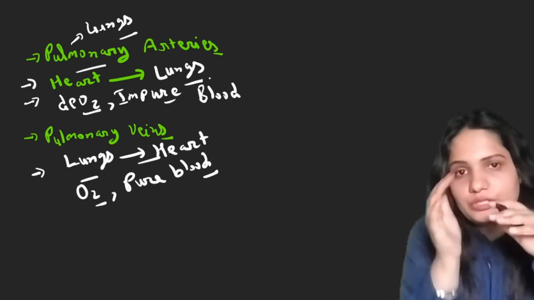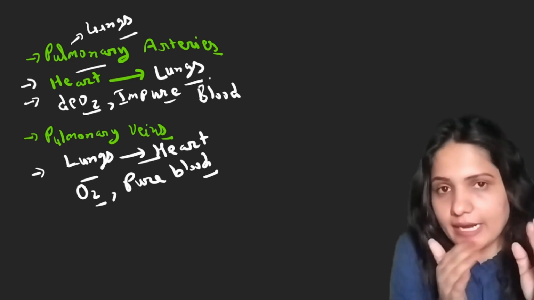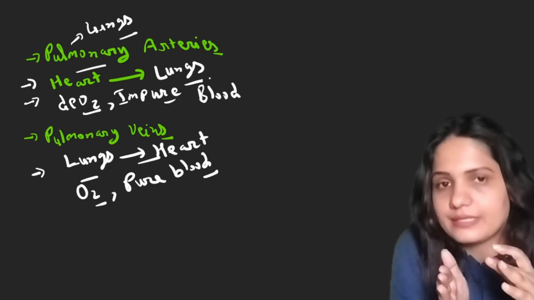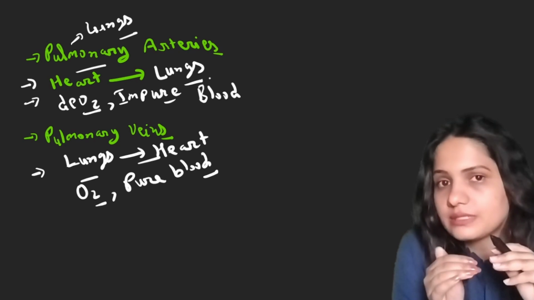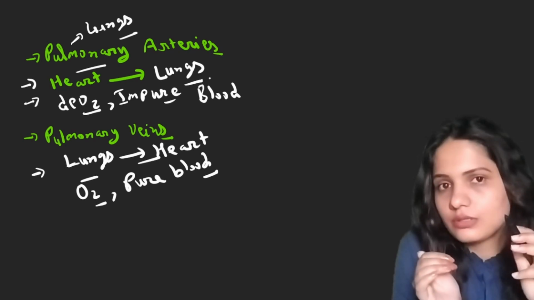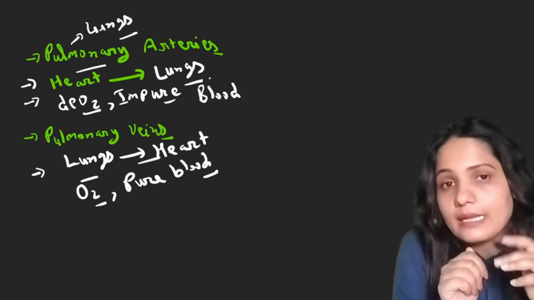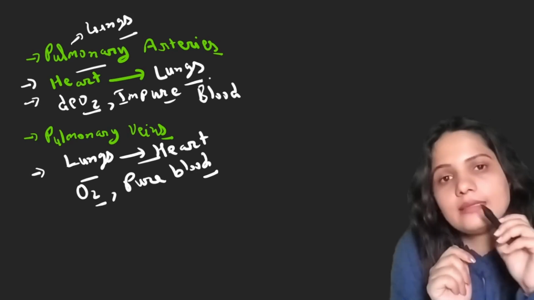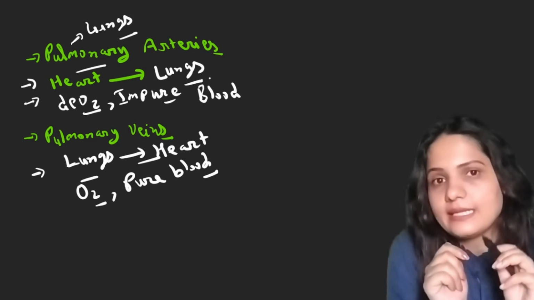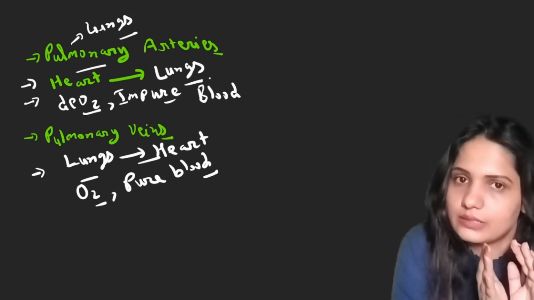Pulmonary arteries carry deoxygenated blood from the right ventricle, as the right portion of the heart contains deoxygenated blood, and they carry the blood from the right ventricle to the lungs. And the pulmonary veins carry oxygenated, pure blood from the lungs to the left part of the heart. In the left part we have only oxygenated blood.